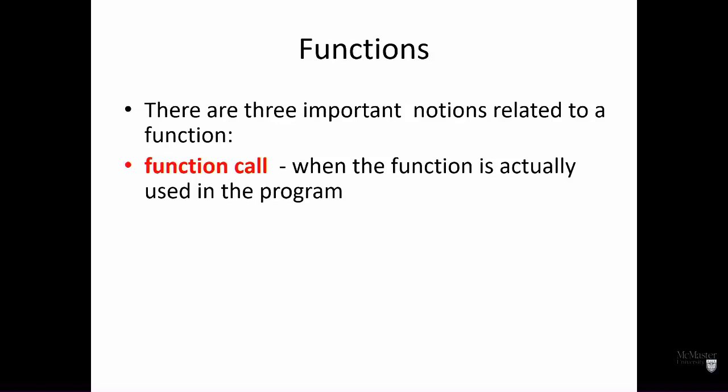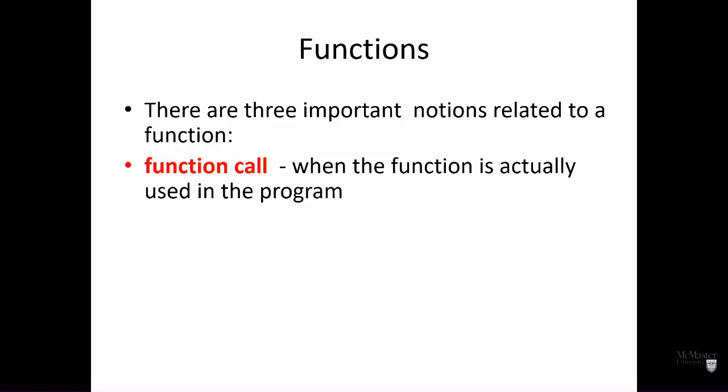Assume now that I need to define a function. Do three things. The first thing is the function prototype. The second thing is the function body or definition. And then the third thing is function calling.